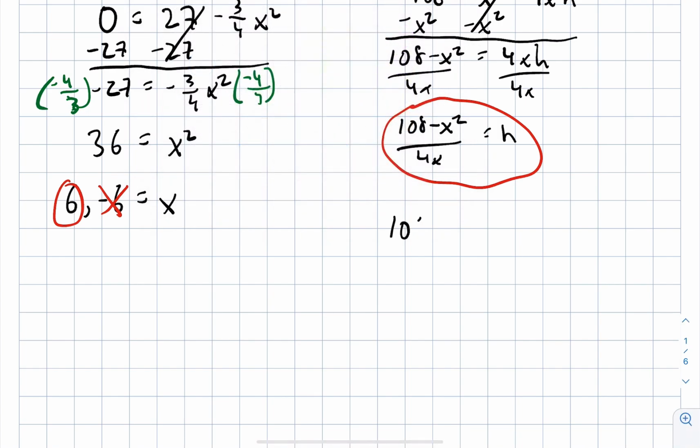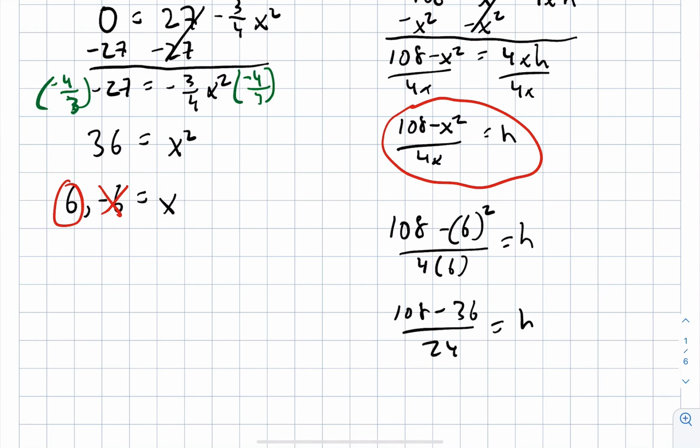So we'll say 108 minus 6 squared all over 4 times 6 equals h. Okay, which leaves us with 108 minus 36 all over 24 equals h.